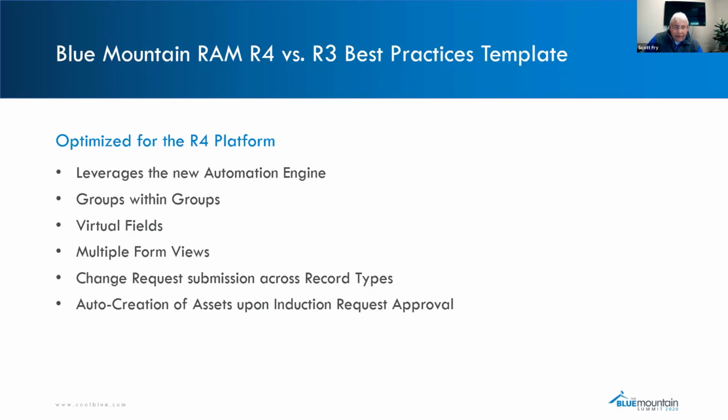Groups within groups. I mentioned this earlier, that the existing R3 customers have this huge group matrix. You have to go through and put everyone into the group matrix. It became a very daunting task. That was one of the areas that came back from the implementation team as well. So now we have groups within groups.